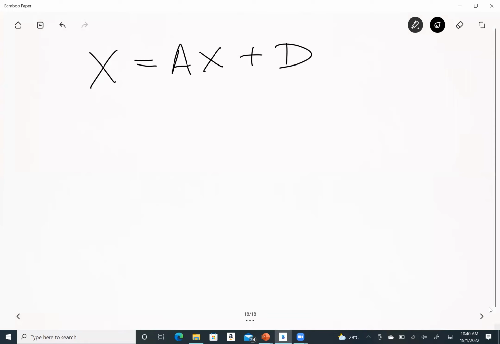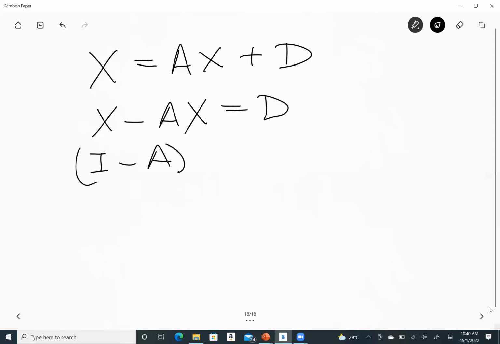So simplify that a little bit. What do we get? You bring the AX to the left, so we get X minus AX equals D. You factor out the X, and I get I minus A times X equals D. So what do you need to solve?